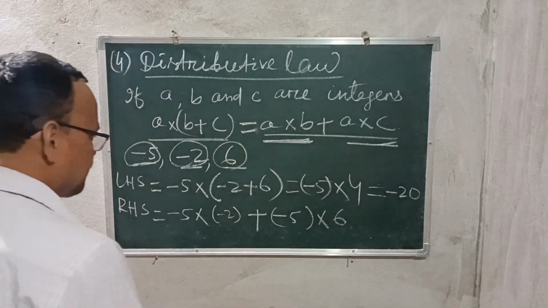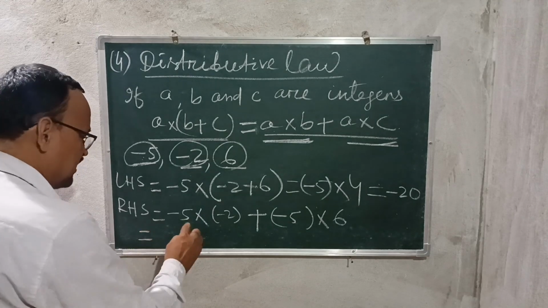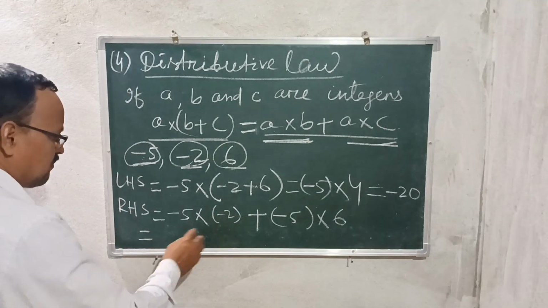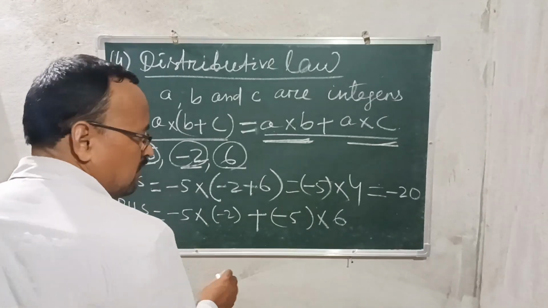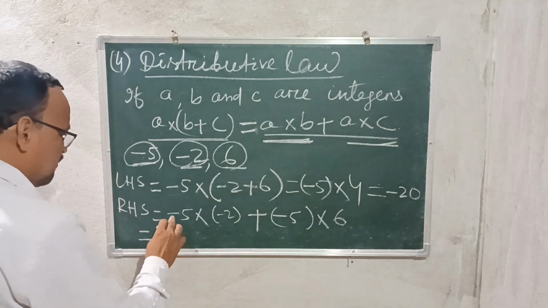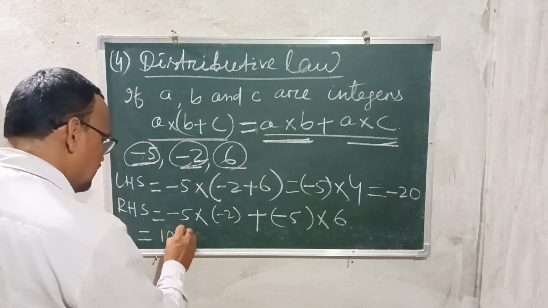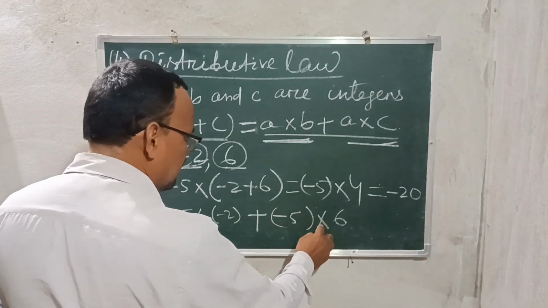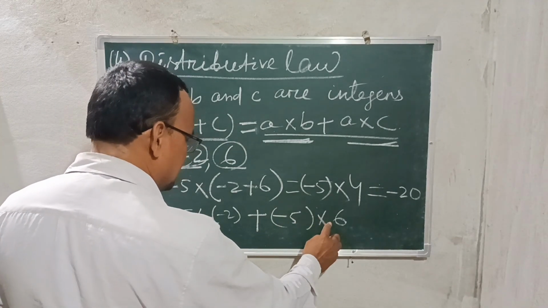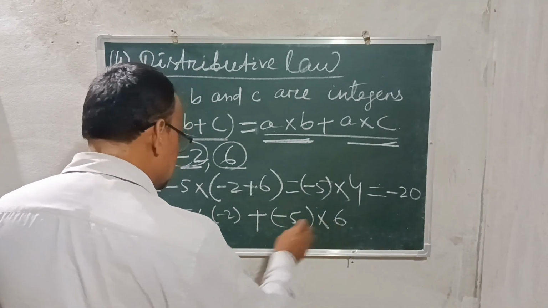So that is minus 5 into minus 2. By following the law of multiplication, minus minus is equal to plus, 5 twos are 10, so plus 10. Then minus and plus is minus, and 5 sixes are 30, so minus 30.